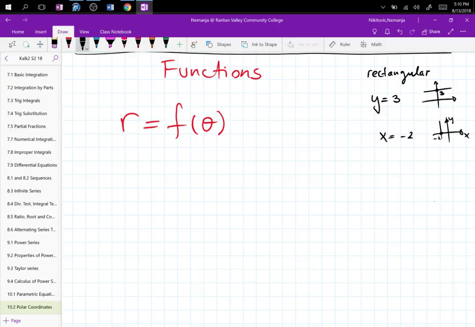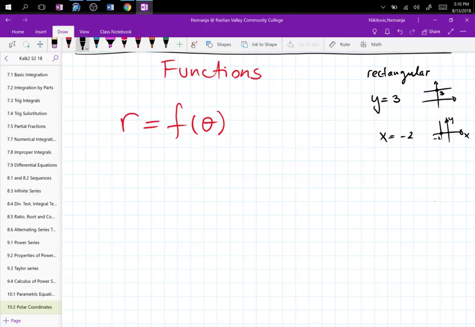So the most basic equations of a variable equals a number in rectangular give you a horizontal and a vertical line. This is what you learn in your elementary algebra course. Now in polar coordinates, we want to know what r equals a number and theta equals a number give us. That will give us the most basic equations that we can get.